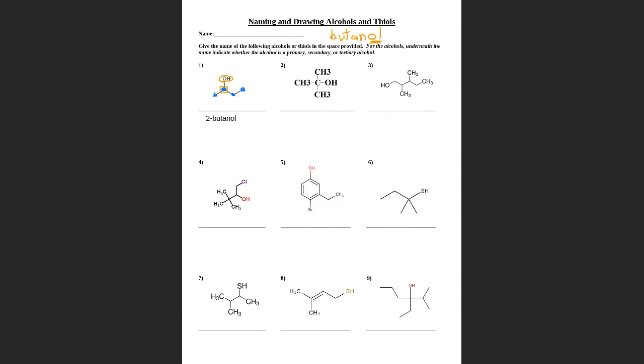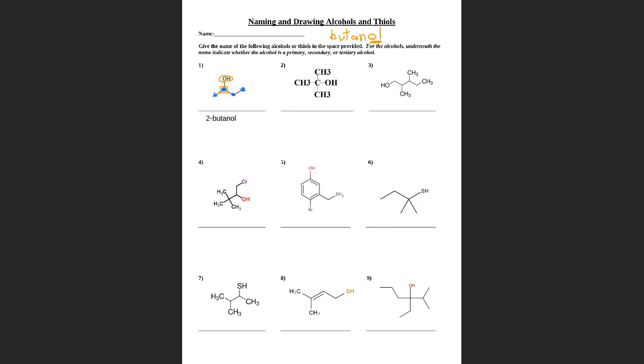Whether or not an alcohol is primary, secondary, or tertiary is dependent upon how many carbons the alpha carbon is directly bonded to. So, is the alpha carbon bonded to 1, 2, or 3 other carbons? How many carbons is that alpha carbon directly bonded to?